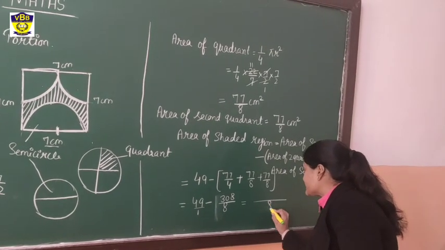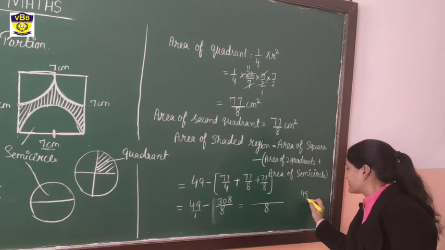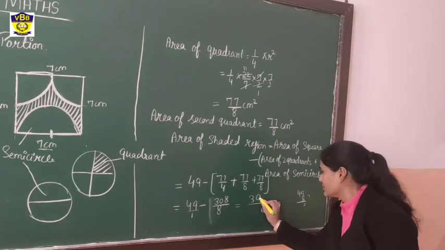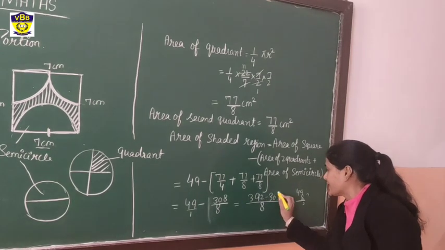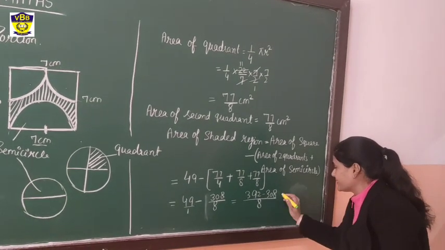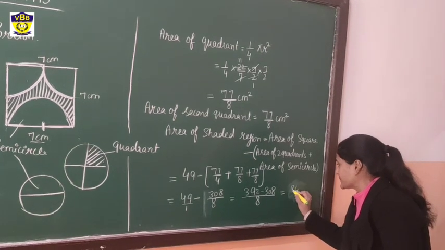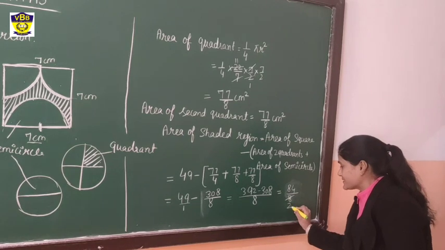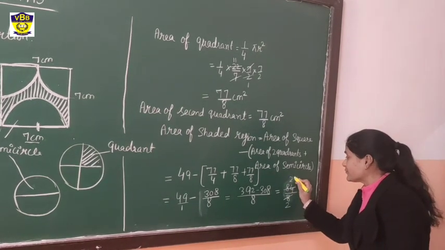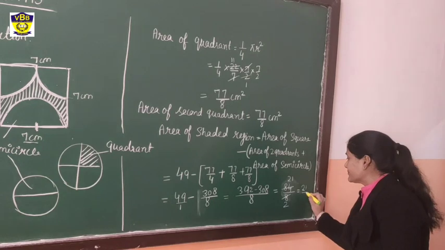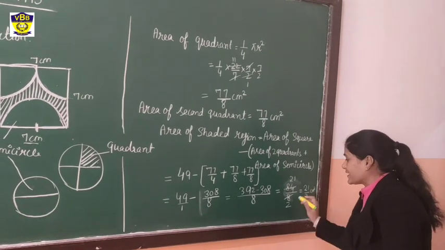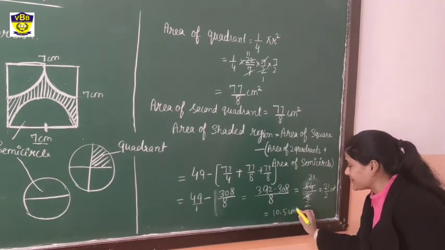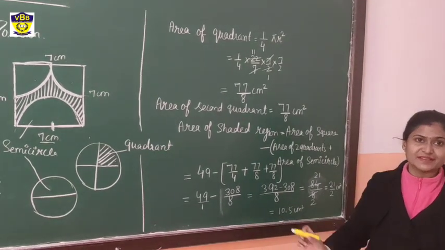It is 8, 49, 8 are 392 minus 308, that is equal to 84 by 8. 4 2s are 4, 2s are 4, 1s are. So 21 by 2 centimeter square, or you can write it as 10.5 centimeter square. This is the area of the shaded region.